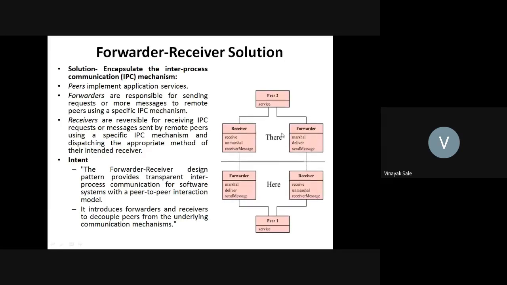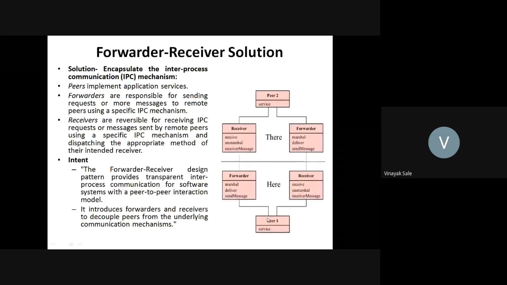So in every peer, forwarders are responsible for sending requests or messages to remote peers using specific IPC mechanisms. Receivers are also responsible for receiving IPC requests or messages sent by remote peers using specific IPC mechanisms and dispatching to the appropriate method of their intended receivers.